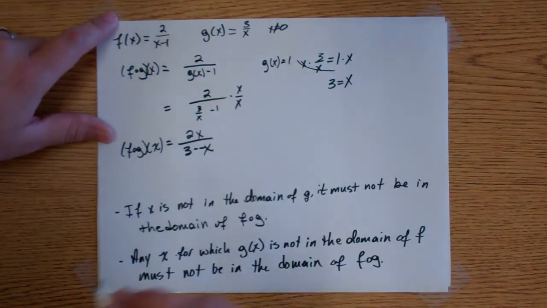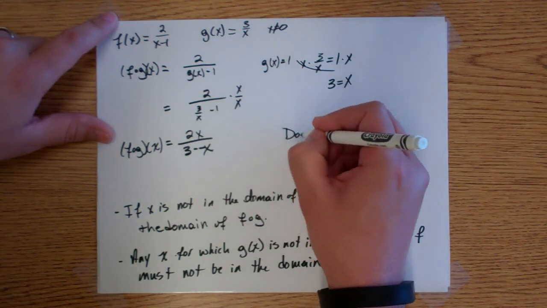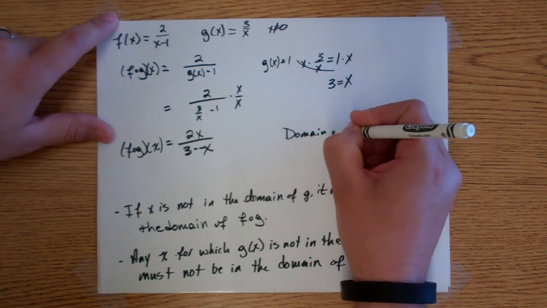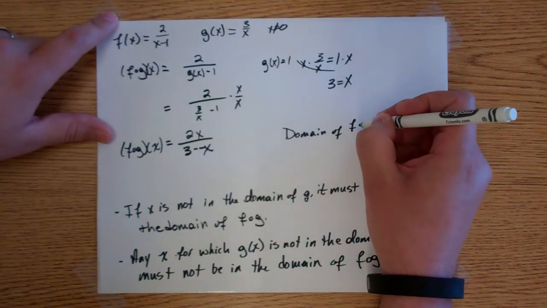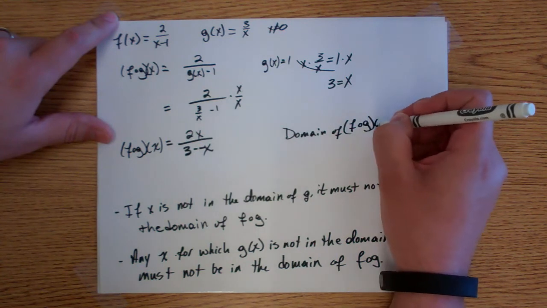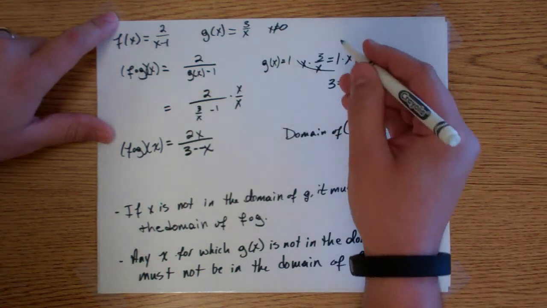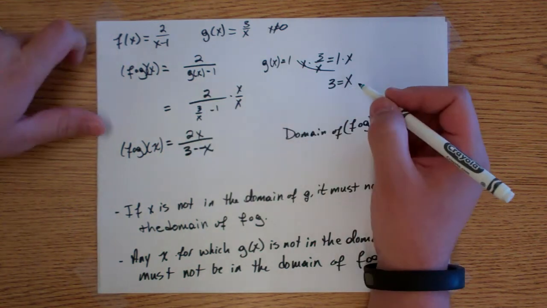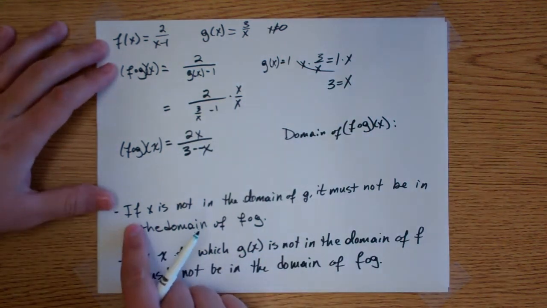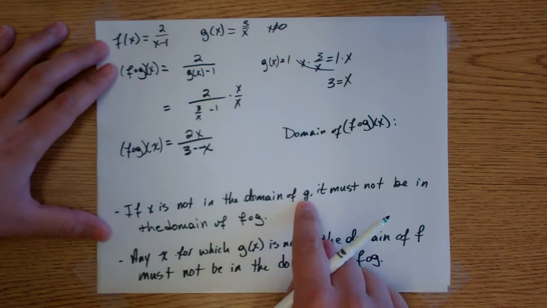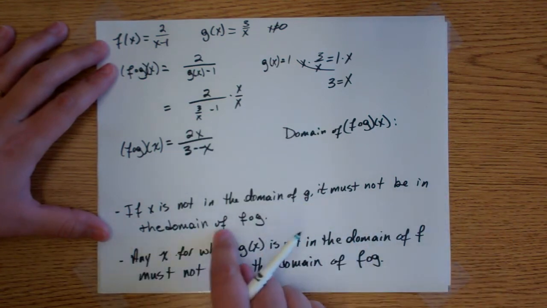So therefore, the domain of f of g of x, we can't include 0 and we can't include 3, because, again, our two conditions: if x is not in the domain of g, it must not be in the domain of f of g.